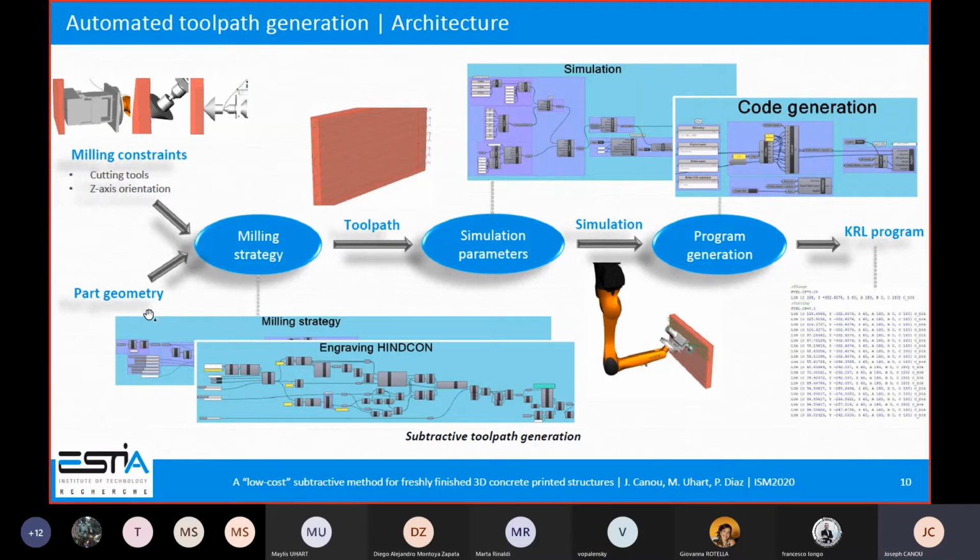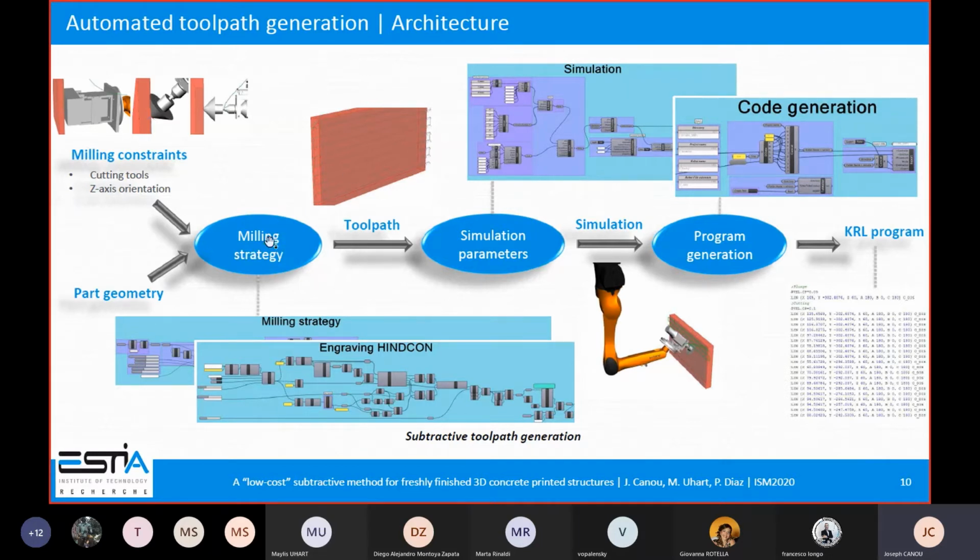So part geometry could be a wall, but it could be also a picture. If you want to engrave a logo, for example, the part geometry is not only a wall, it's also a picture, and you can do some process on the picture before being able to engrave it.